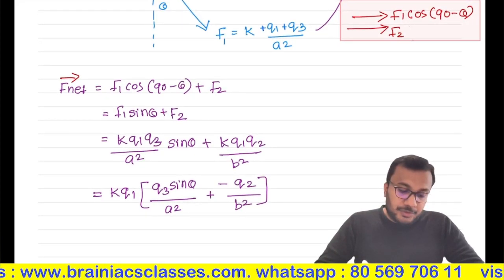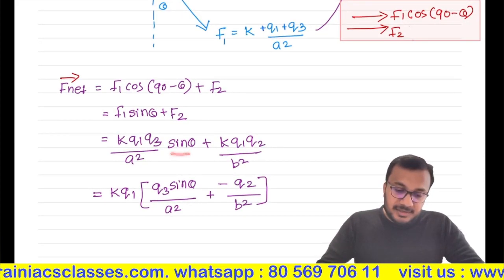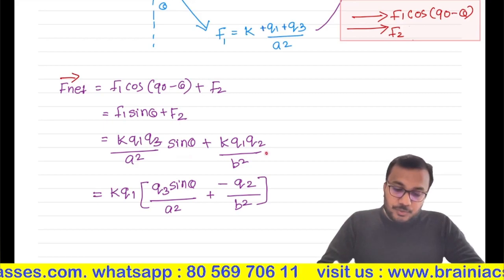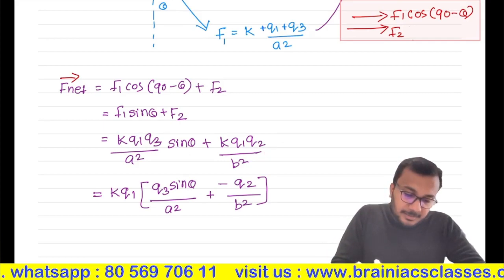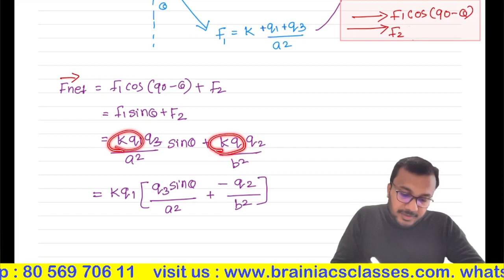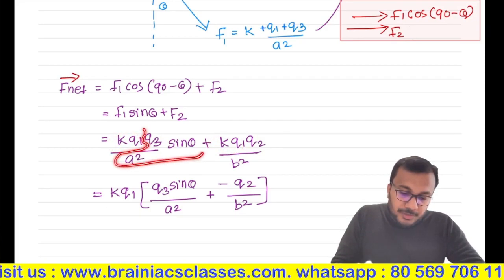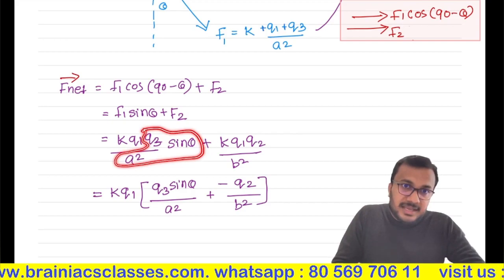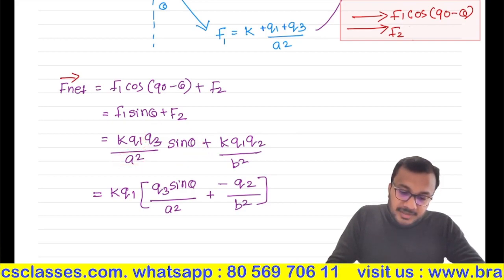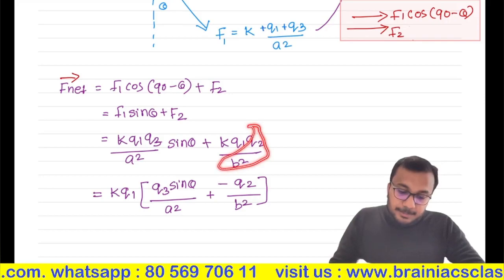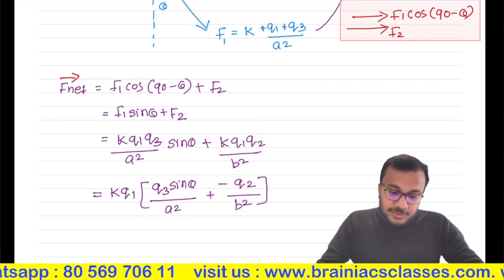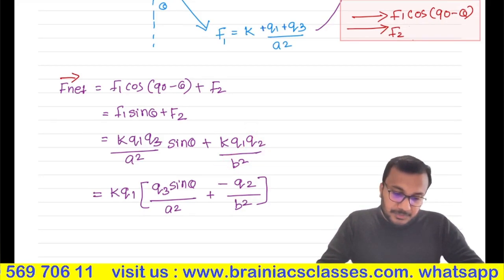F1 is k q1 q3 by a square into sin theta. F2 is k q1 q2 by b square. This k q1 is a common term. Take it outside. And here the balance is q3 sin theta by a square. Here the balance is q2 by b square.